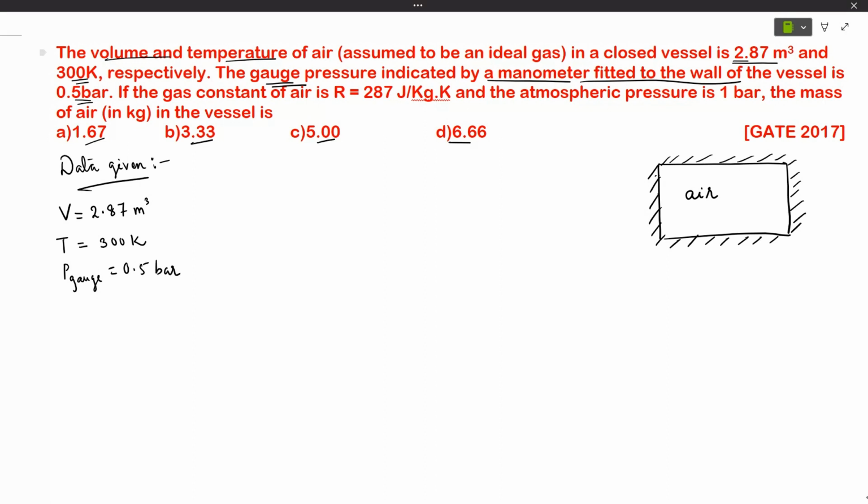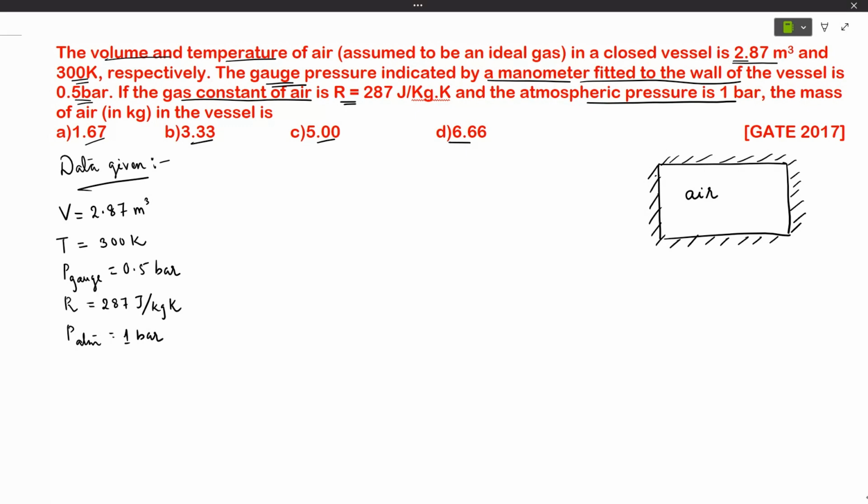The next data given is the gas constant of air, which is equal to 287 joule per kg Kelvin. So let's write down R equal to 287 joule per kg Kelvin. Next data given, the atmospheric pressure is 1 bar. So we consider P atm equal to 1 bar.